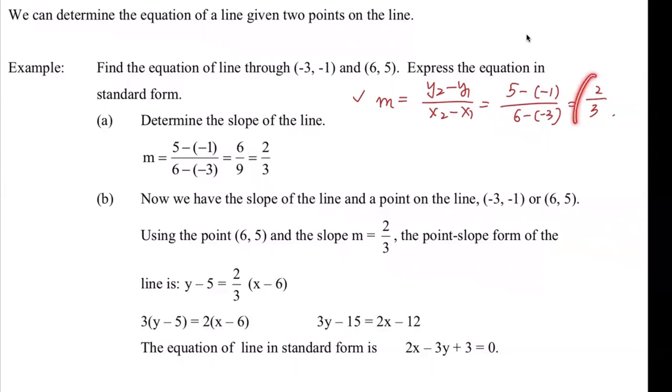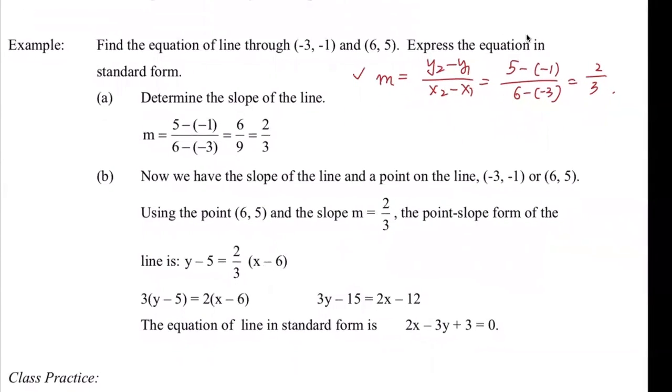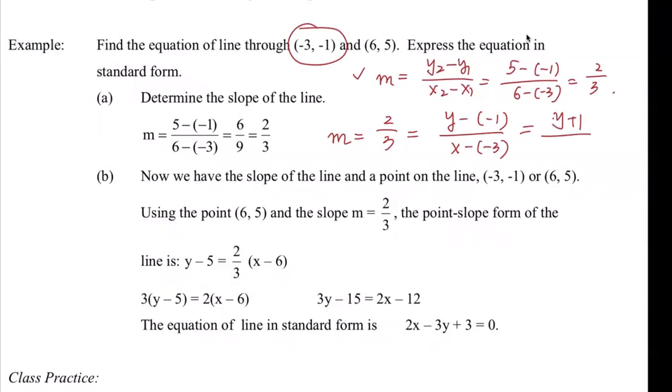Now we have the slope and 2 points. We can pick either of them. We just repeat the steps that we did in the last section. So m is equal to 2 over 3, which is equal to y minus, let's choose this point, -1 over x minus -3. So this is equal to y plus 1 over x plus 3.